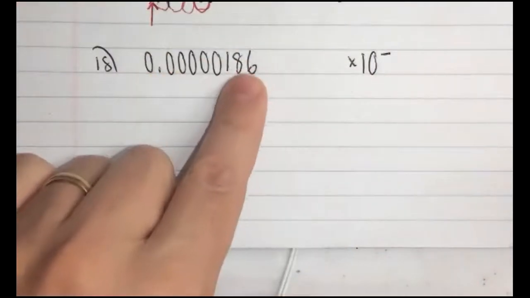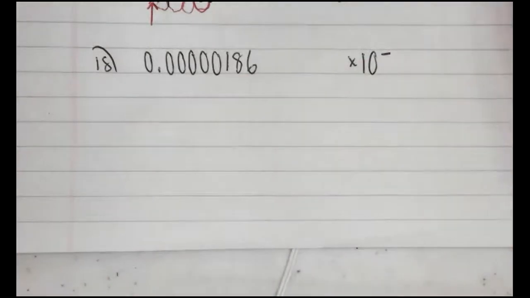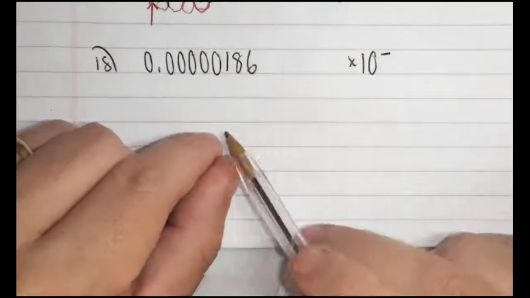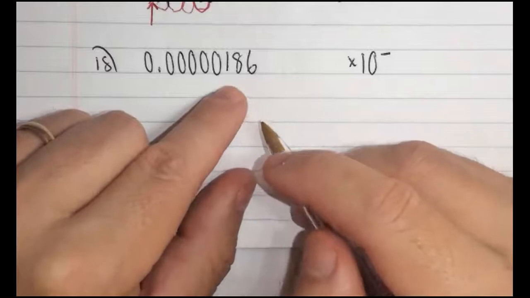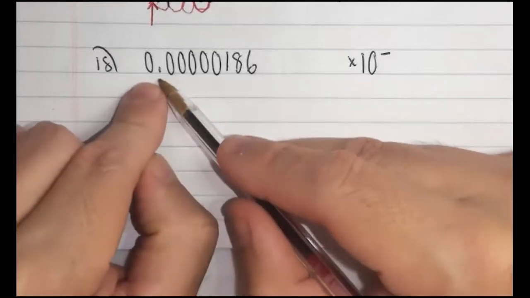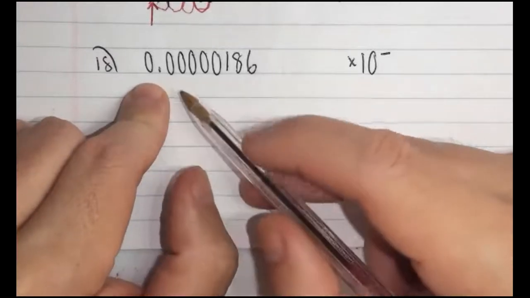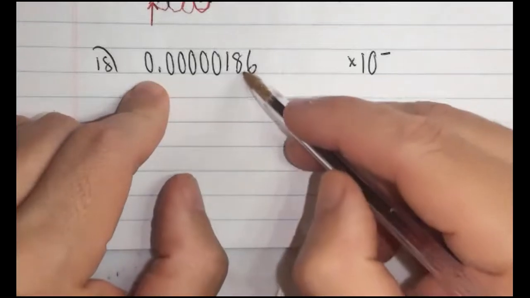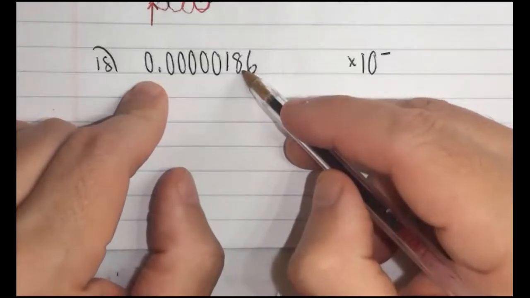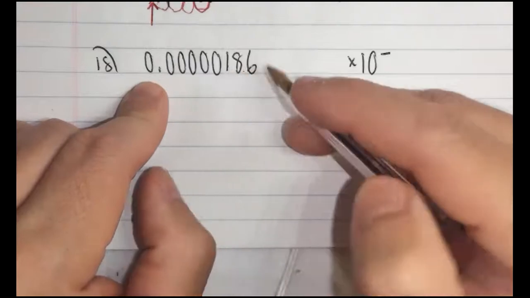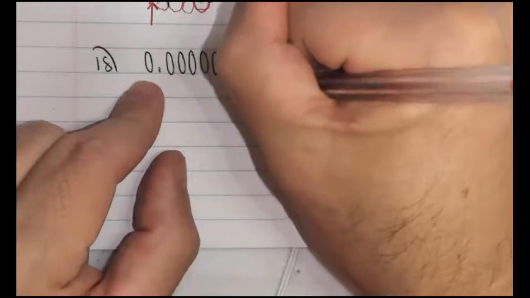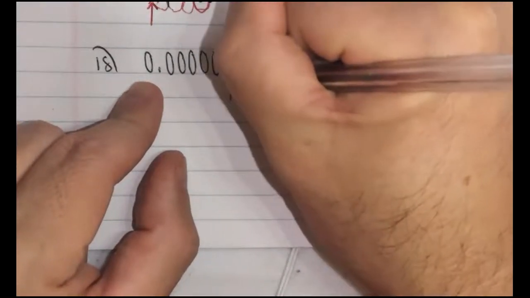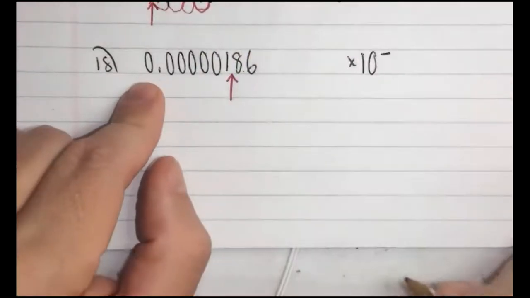Because again, this is a smaller number. First thing you've got to figure out is where do I want my decimal? It's currently right here. And again, it needs to be a number between 1 and 10. So if you put it here, 18 is not between 1 and 10. Right here, 1.8 is a number between 1 and 10. So I need to put it right there between the 1 and the 8.